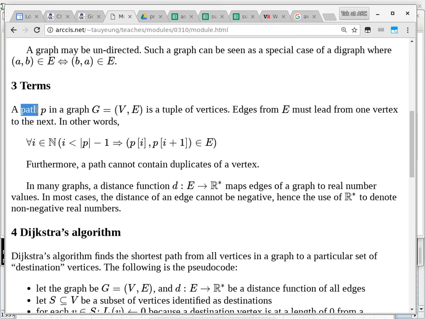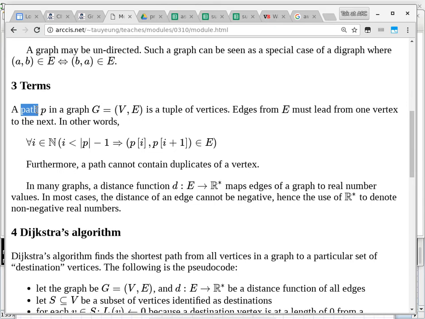But a path has one extra requirement. In addition to all the vertices being connected by edges, you cannot repeat a vertex nor an edge along the path. Let me say that one more time. You can look at the path as a sequence of vertices, and each adjacent pair of vertices along the sequence must be connected by an edge found in E. But that is actually the definition of a walk.